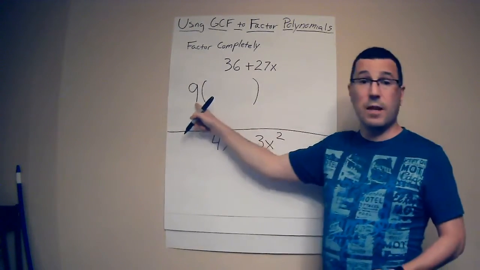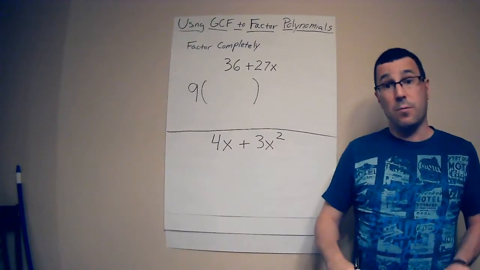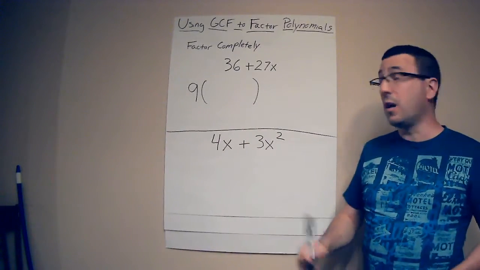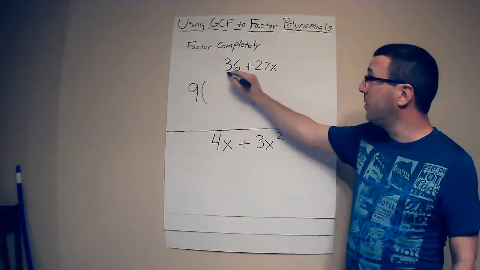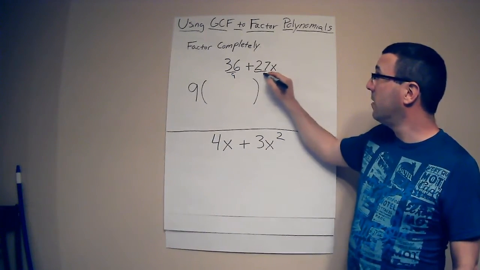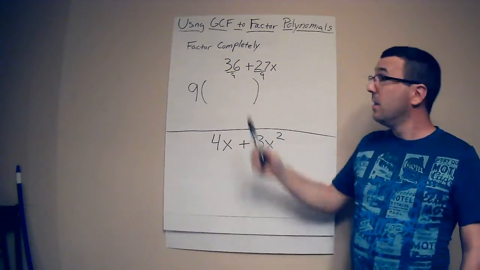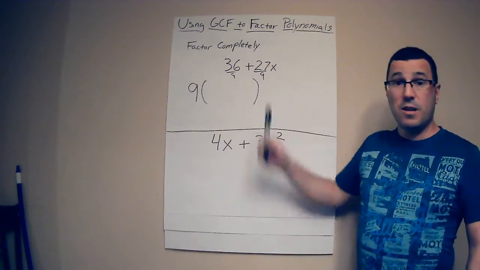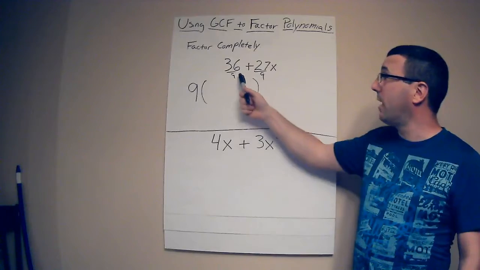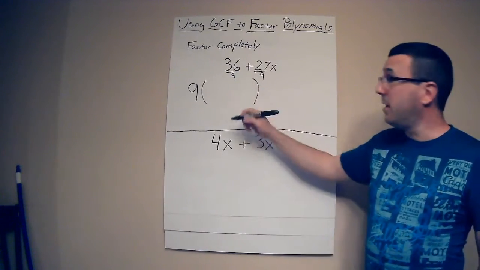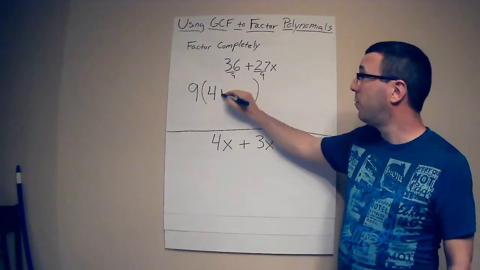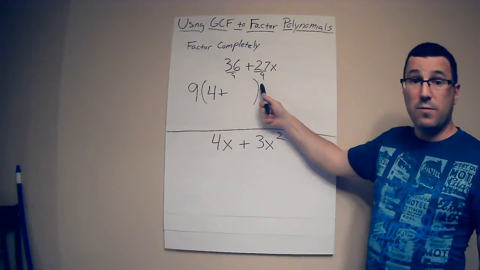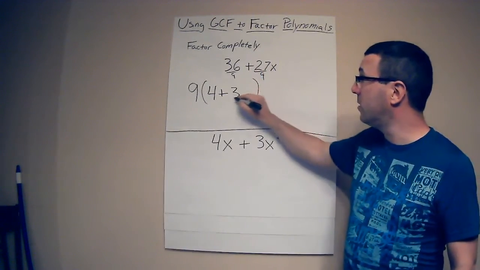Really I should have left a little bit of space in case they had a variable in common. So 9 goes on the outside, and I'm going to divide each of the numbers by 9. I don't have to write the division there, but it's not bad to do, to keep track. 36 divided by 9 is 4, plus 27 divided by 9 is 3.